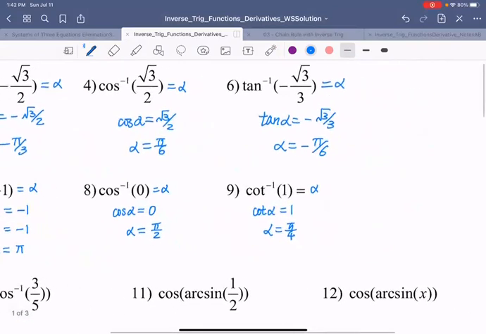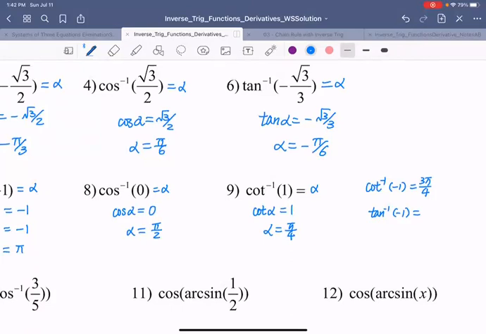If I change the question, this equals 3 pi over 4. 3 pi over 4. Very good. If I change it to this, I think that should still be 3 pi over 4.